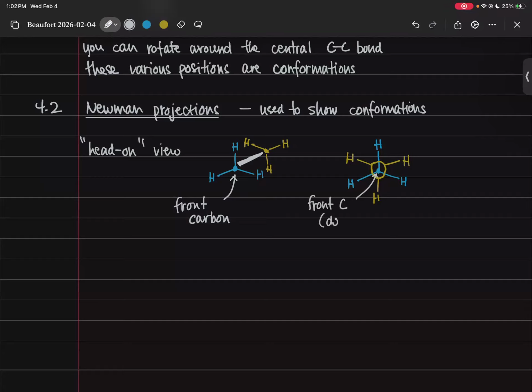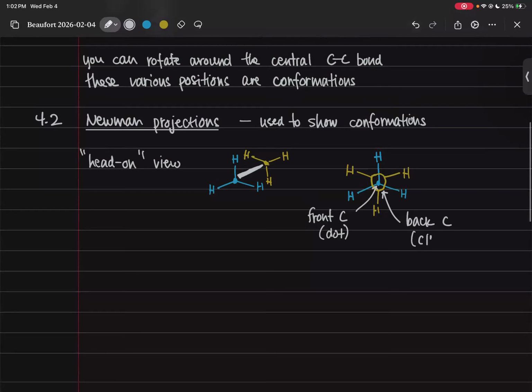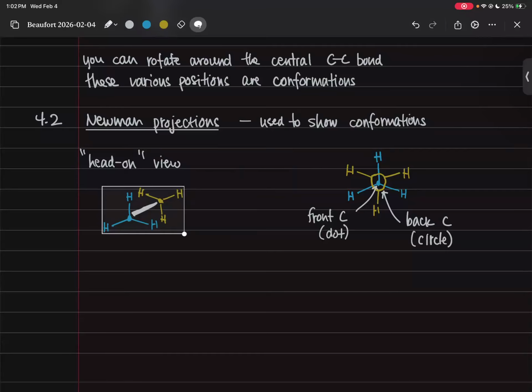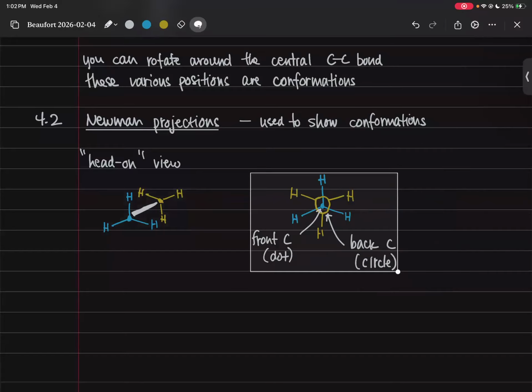So the front carbon is a dot, and the back carbon, a circle. Okay, so here's our head-on projection. And this is the Newman projection. So looking like this.